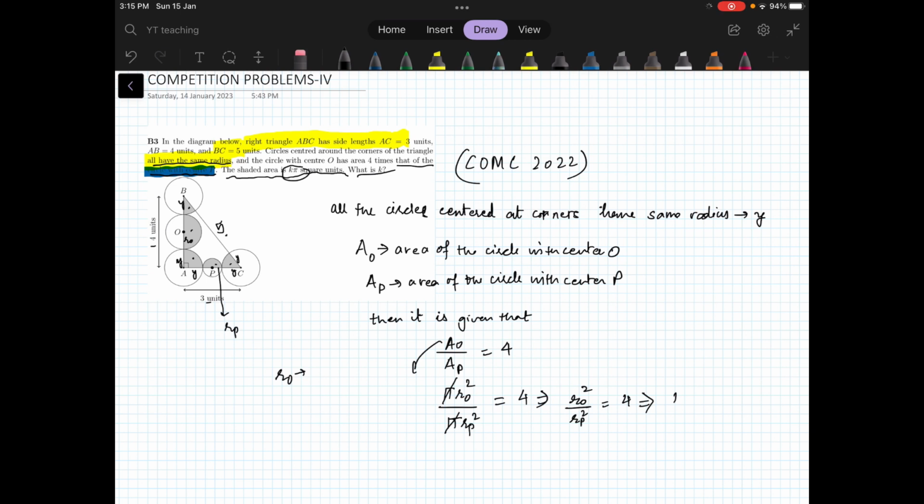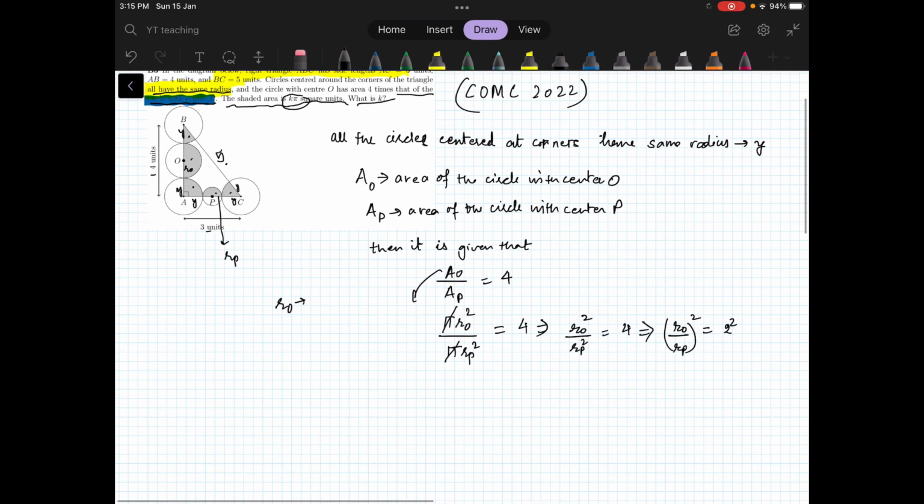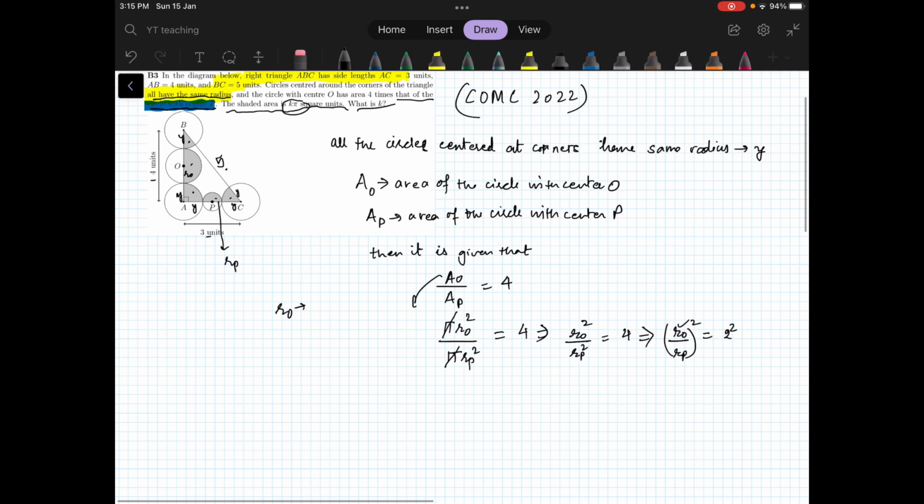So that gives me r naught over rp whole square is equal to 2 square. 4 I can write as 2 square. Now since r naught and rp are positive, I will have a positive square root. So that is 2. So I get r naught is 2 times rp.